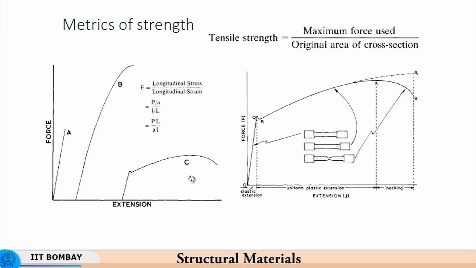So, A is brittle, maybe it is stronger than C, but then A does not absorb any energy during plastic deformation, whereas C does absorb plenty of energy in plastic deformation.